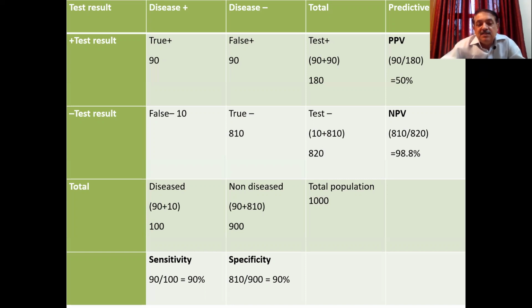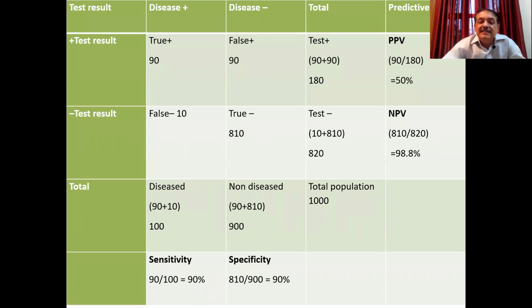So when we complete this contingency table, now we can calculate. In the first row, you can see that the positively tested people are actually 90 plus 90 is equal to 180. And out of that 180, true positive is 90 only. So 90 out of 180, that means 50% positive predictive value is there.